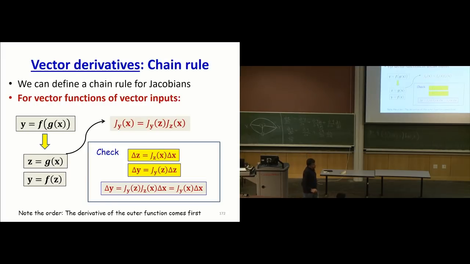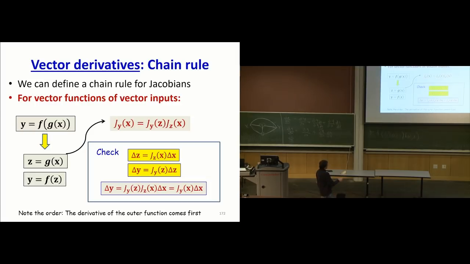So now let's look at the chain rule. If I write y equals f of g of x, this is exactly the same chain rule that we use for scalars. The one important thing is the order in which the multiplications happen. I can write z equals g of x, y equals f of z. So using our notation, delta y equals the Jacobian of y with respect to z times delta z.